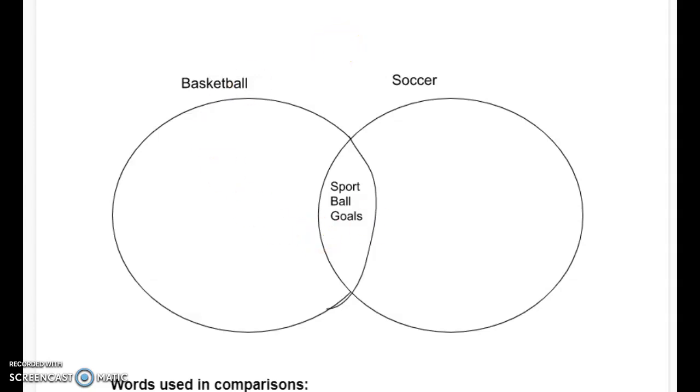So now we're going to add subjects just for basketball, such as the players only use their hands, typically played indoors, bounce the ball.